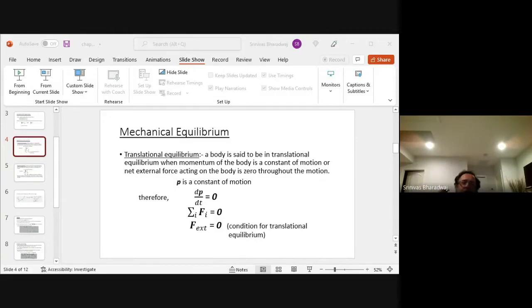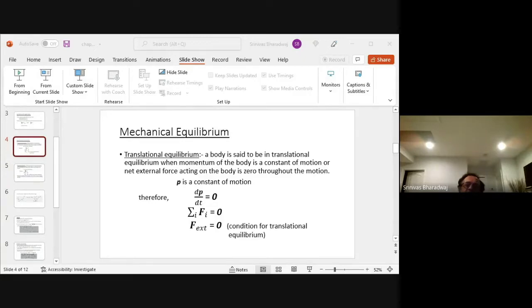That brief torque leads it to start rotating. If nothing else happens, it will keep on rotating, because it has now acquired a constant angular momentum, and if there is no external torque, it will keep on rotating. So keep that in mind.